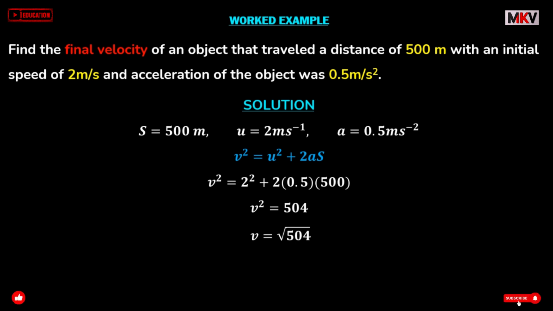So the square root of 504 is leaving us with 22.5 meters per second. So therefore, the object traveling a distance of 500 meters has a final velocity of 22.5 meters per second.